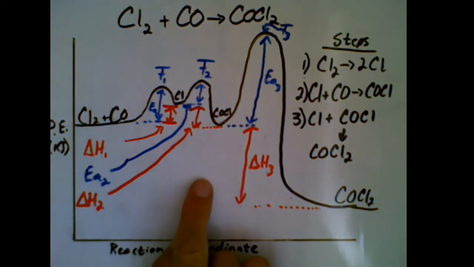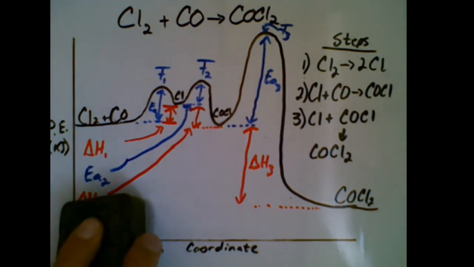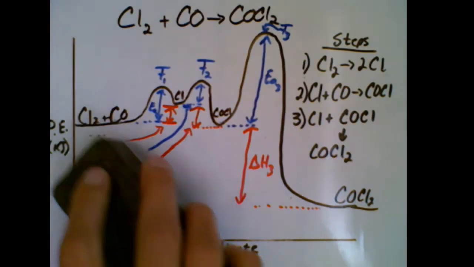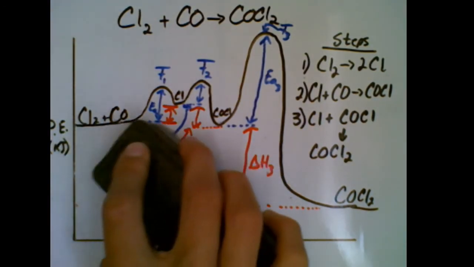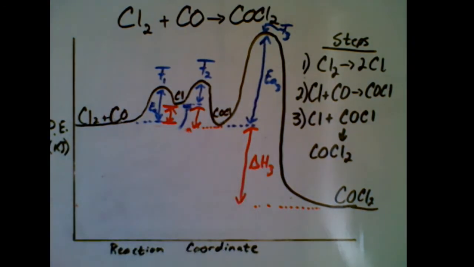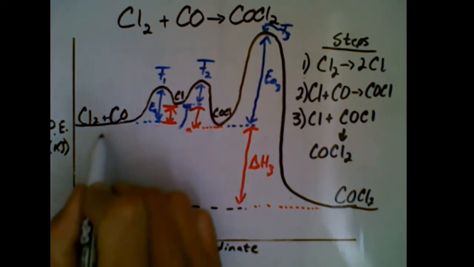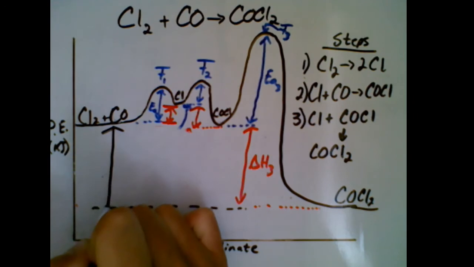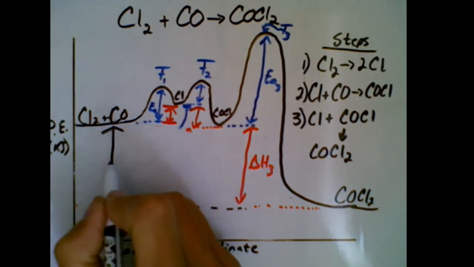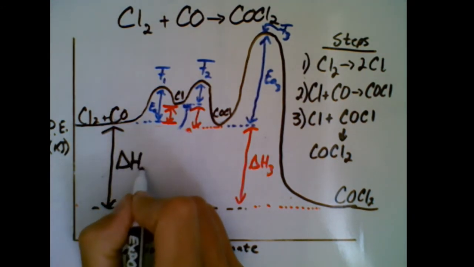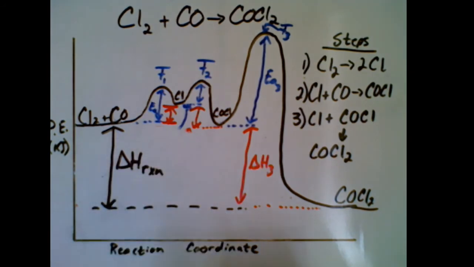But the other thing we should mention here is we actually have an enthalpy for the entire reaction. You see, the difference overall from reactants to products is the delta H of the reaction, just like it was before in other diagrams.